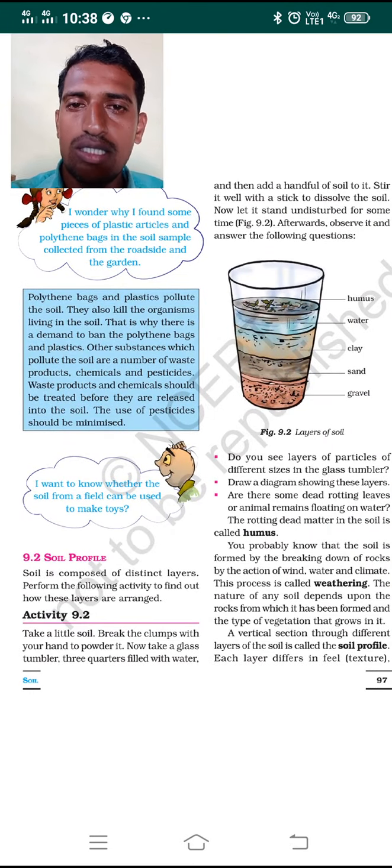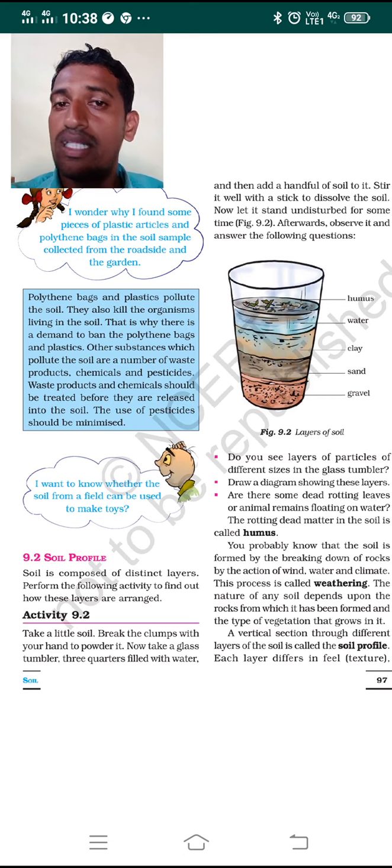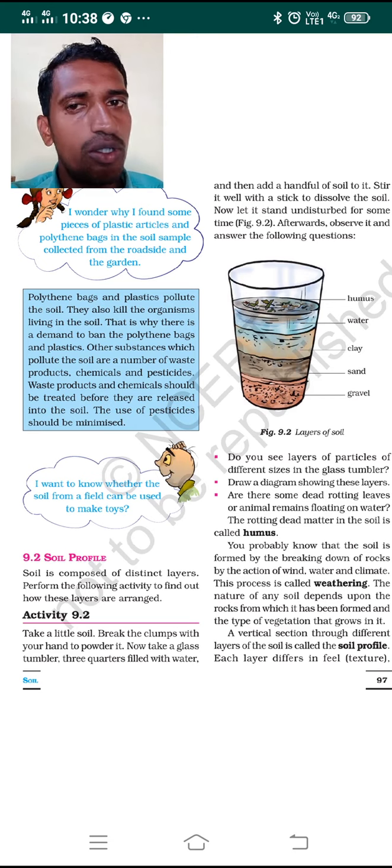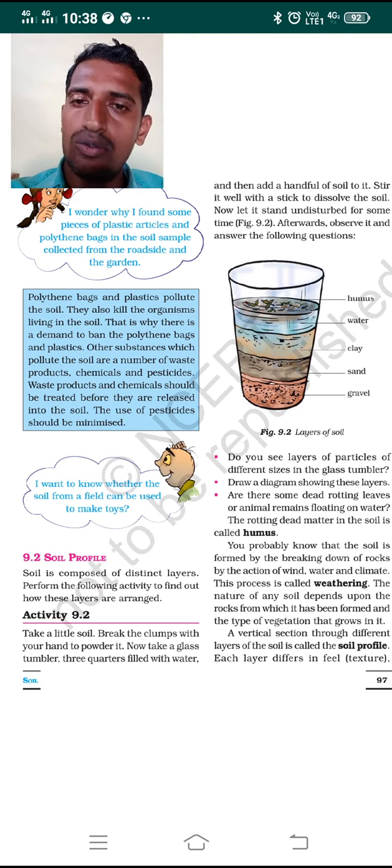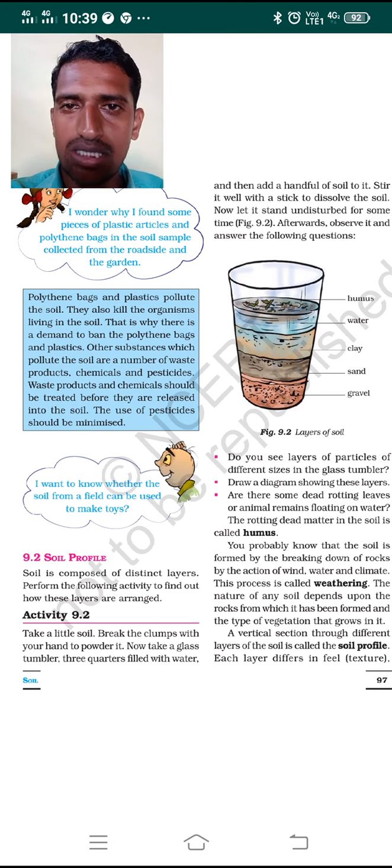Soil profile. Before that, there is one question that Paheli asked here: I wonder why I found some pieces of plastic articles and polythene bags in the soil sample collected from the roadside and the garden. See, in the previous activity 9.1, I told you to collect a sample of soil from the roadside, from the garden and even from the construction site.